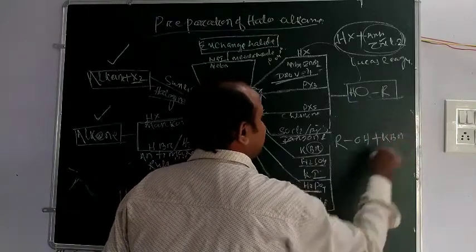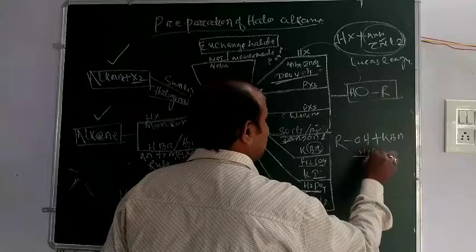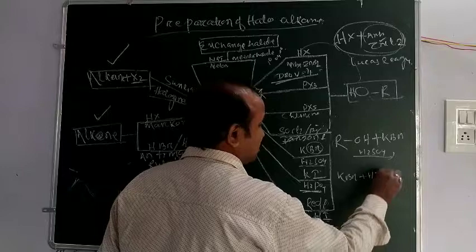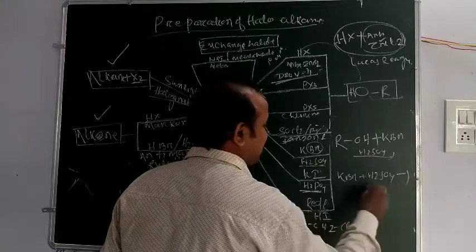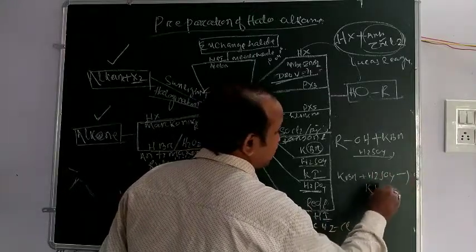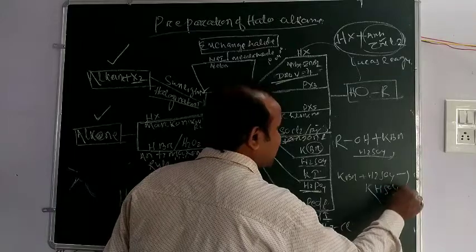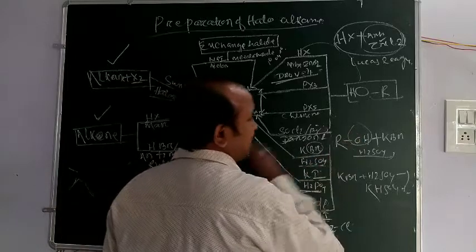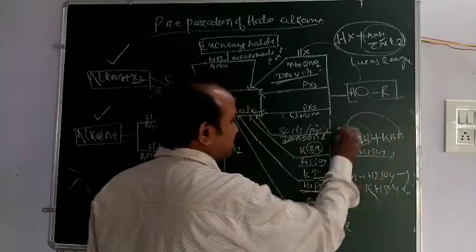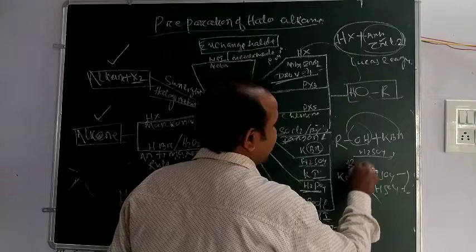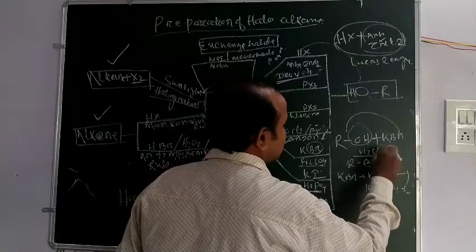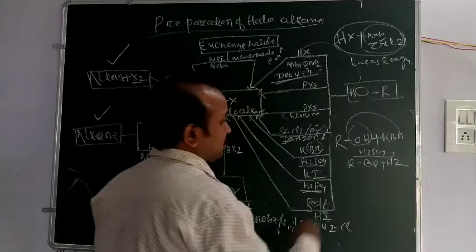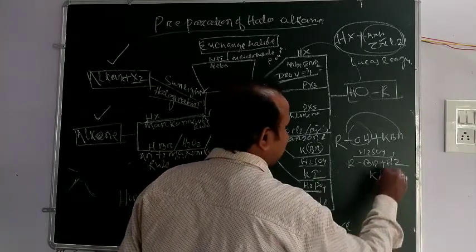First KBr reacts with H2SO4 to form KHSO4 plus hydrogen, and this hydrogen reacts with the OH from the alcohol, and bromine attaches to the alkyl group. So RBr plus water plus KHSO4, potassium hydrogen sulfate.